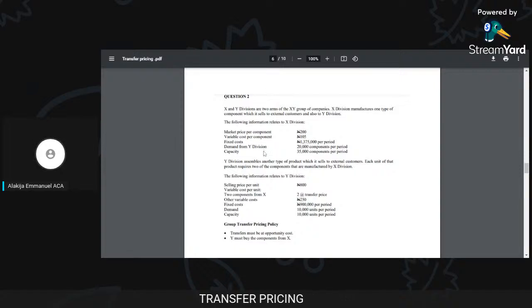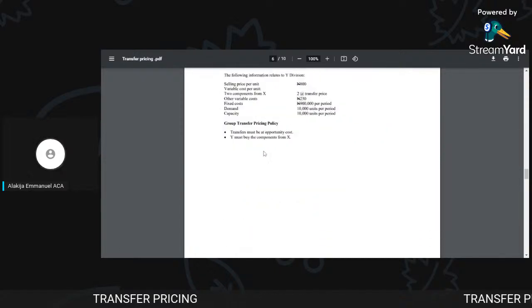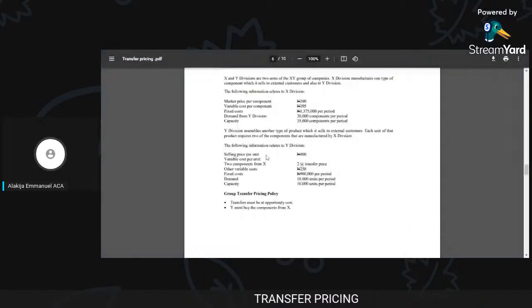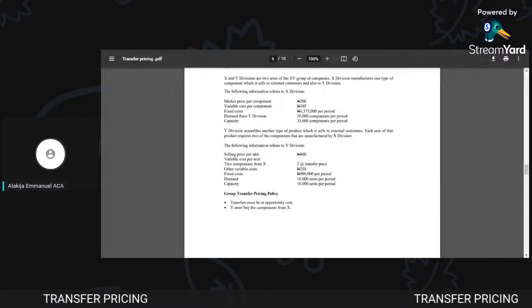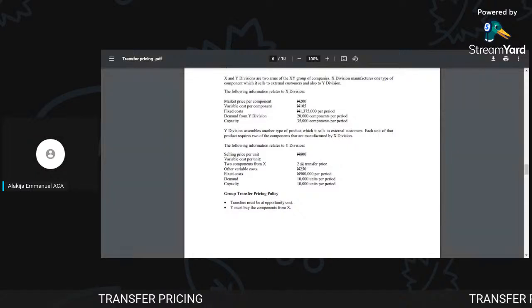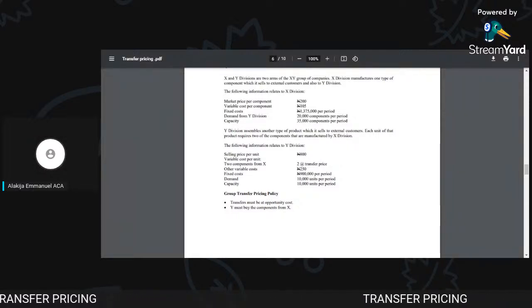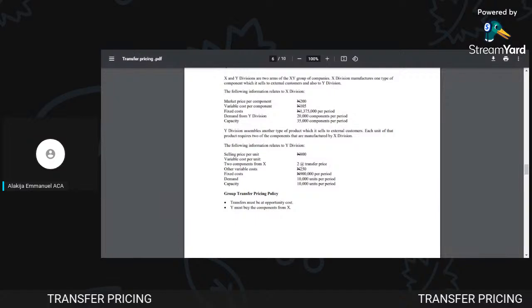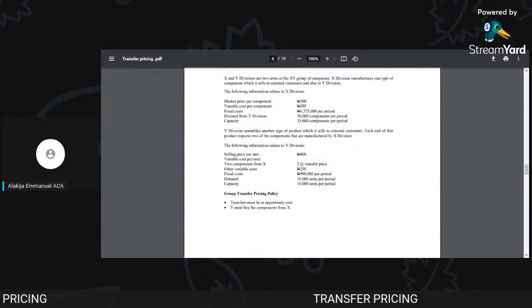The major pitfall of this question is that you already know the demand of division Y is 10,000 and you need 2 units of the components in division X to produce 1 unit of division Y product. So the total you will need from X is 2 multiplied by 10,000, which is the 20,000 they already gave you.